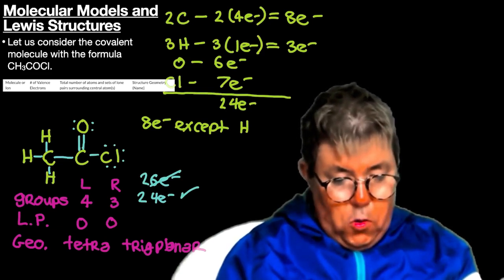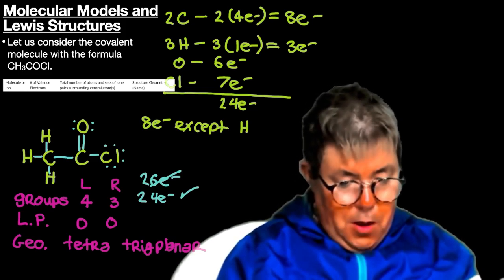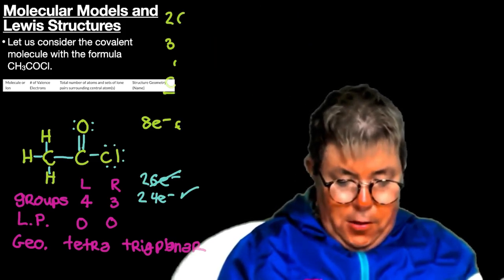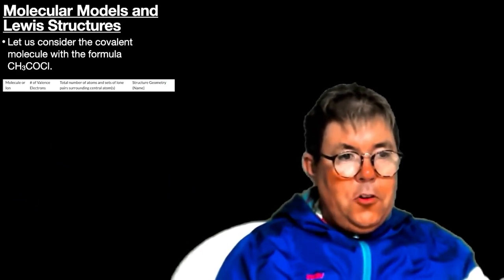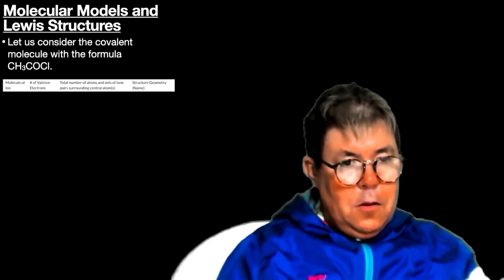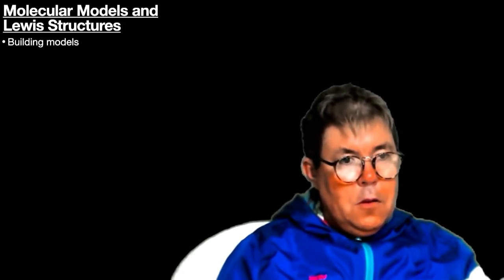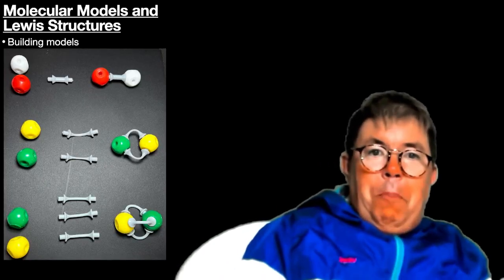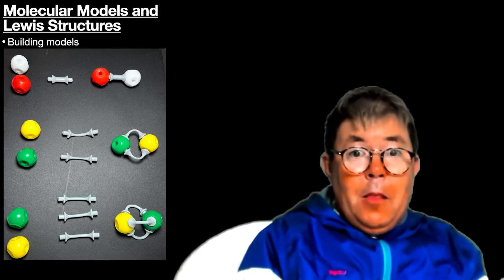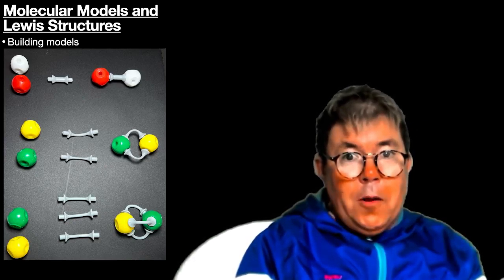Let us conclude by looking at how to build the models. To make it a little bit easier, I have some photographs that I took and I want to show you. We're going to look at building models. So I have a picture of some pieces from the model kits supplied in your kits.